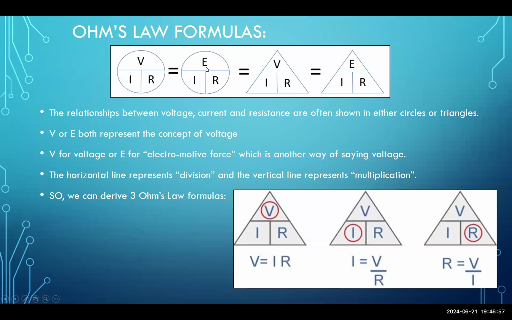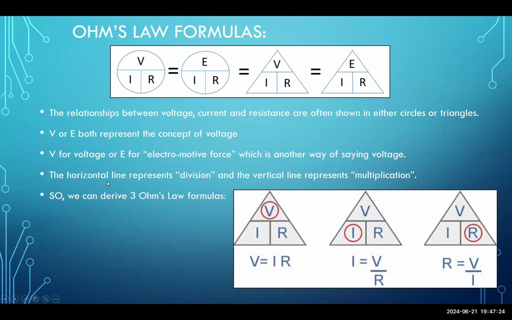What does E represent? If you look at the second bullet point, it says E, V or E both represent the concept of voltage. V for voltage, or E for what? EMF, which is electromotive force, which is another way of describing voltage. So in some textbooks, you may see these formulas with an EIR, and in some textbooks, you might see this as VIR. They are the same.